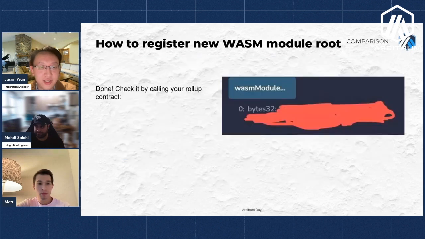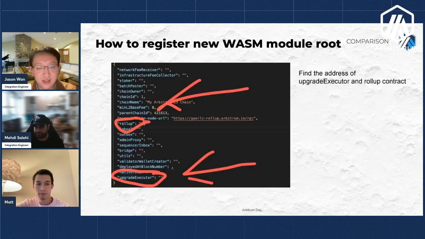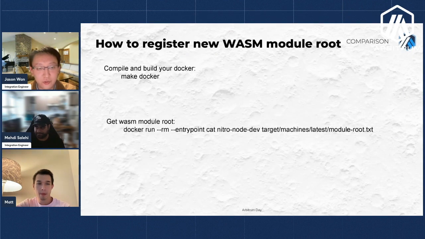After you write it, you can check it on your rollup contract by calling wasmModuleRoot. It will output your new WASM module root here, and you can compare whether it is the same as the result you got here.